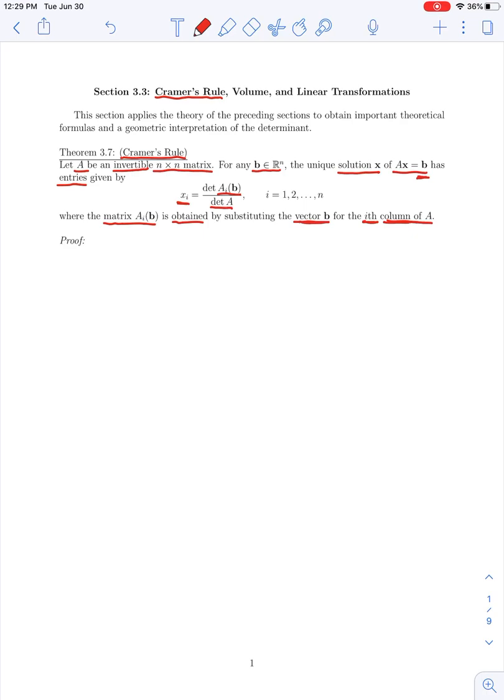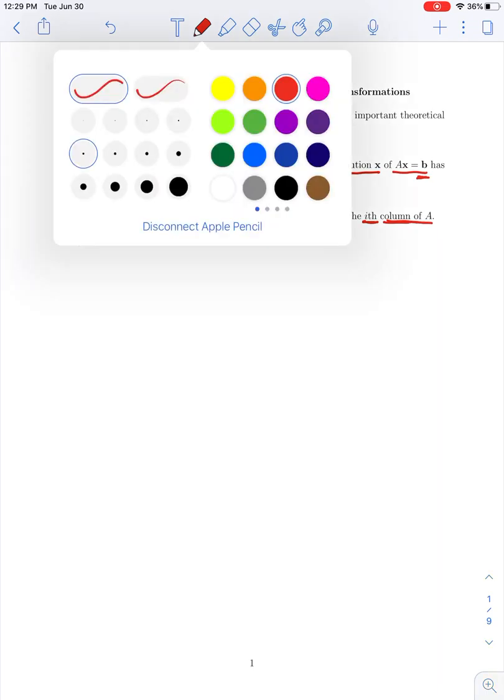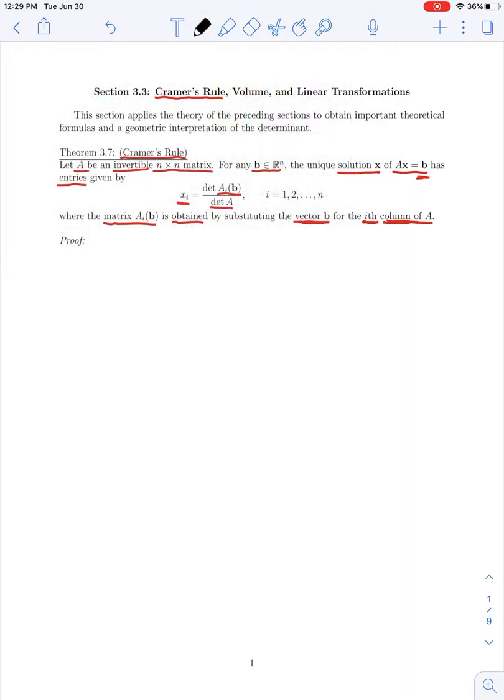So Cramer's rule has a proof which isn't particularly difficult, so let's take a look at the proof for this result. Here we will start by denoting the columns of the coefficient matrix A by the vectors A1, A2, up through An, since this was an n by n matrix.